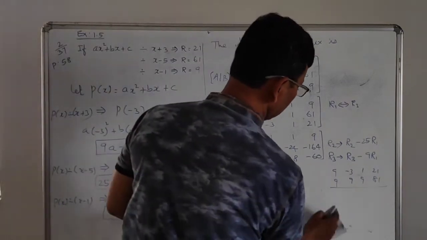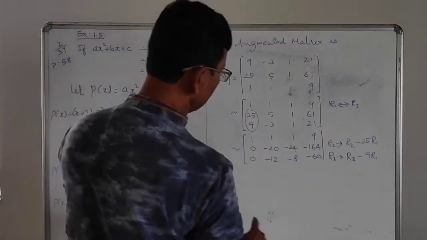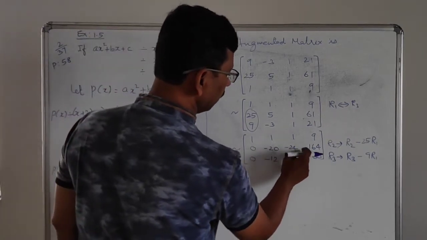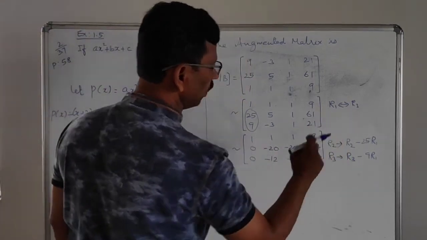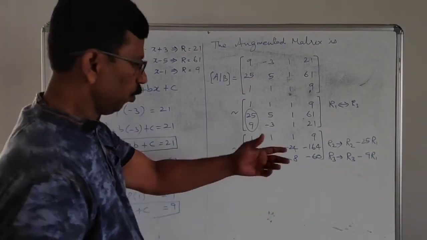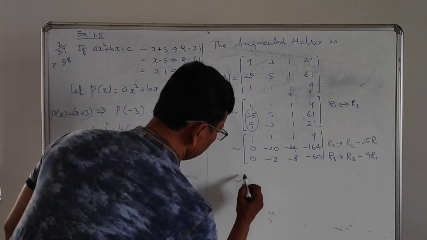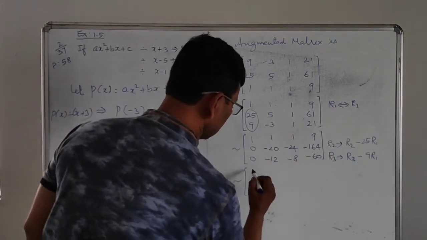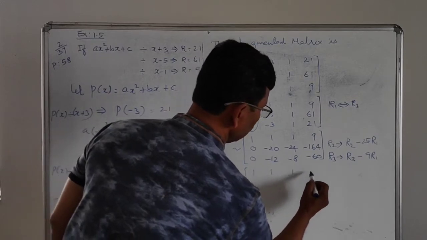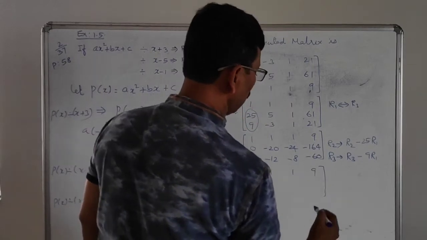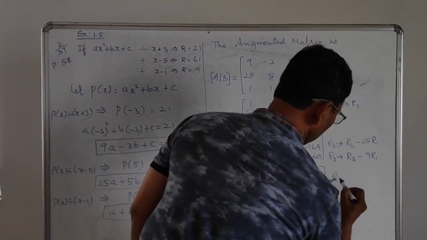Now after that you have to make this 0. Since this can be simplified, all these elements are divisible by 4. Here also everyone is divisible by 4. Therefore, you can divide R2 and R3 by 4 to make our work easy. First write the first row as it is: 1, 1, 1, 9. The second row and the third row are divided respectively by minus 4.